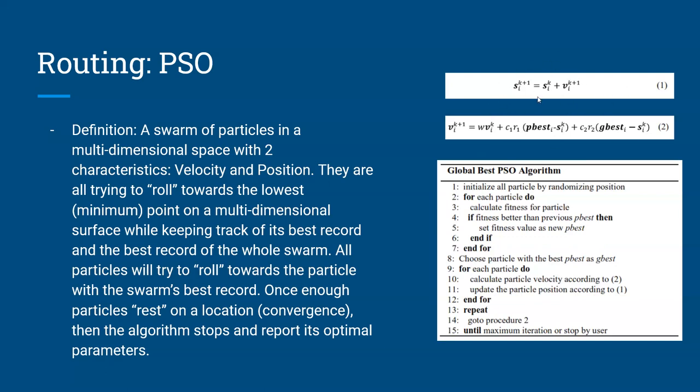Basically, equation 1 is how you update the location. It is very simple: the location at the next time step is the current location plus the velocity. And the velocity is updated according to some sort of acceleration plus a function of p-best and g-best.